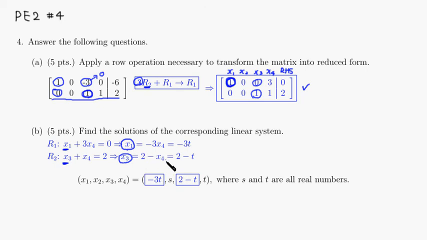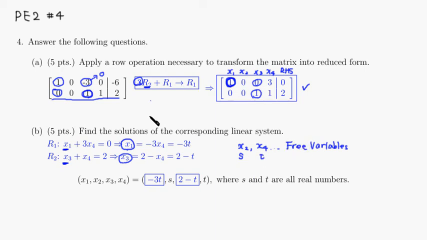But there is no condition given on x2 and x4, so x2 and x4 are free variables, which means they can take on any real value. So we give the value s to x2 and the value t to x4.